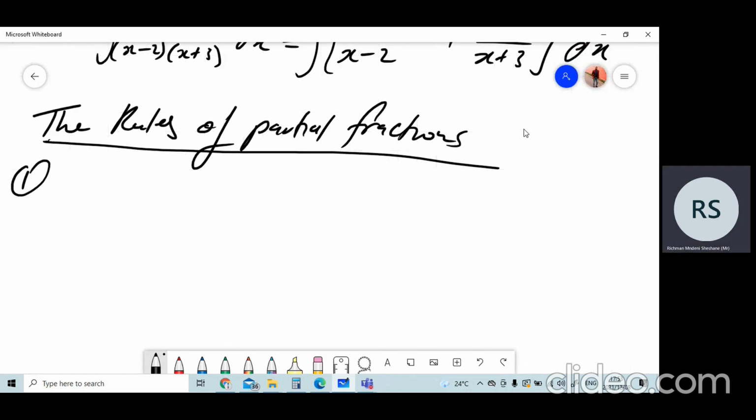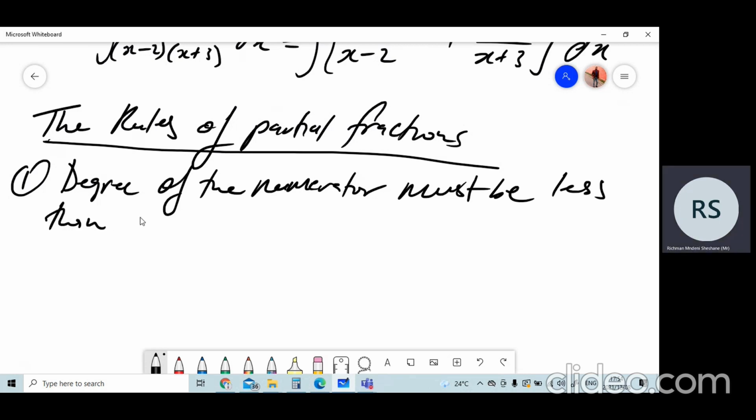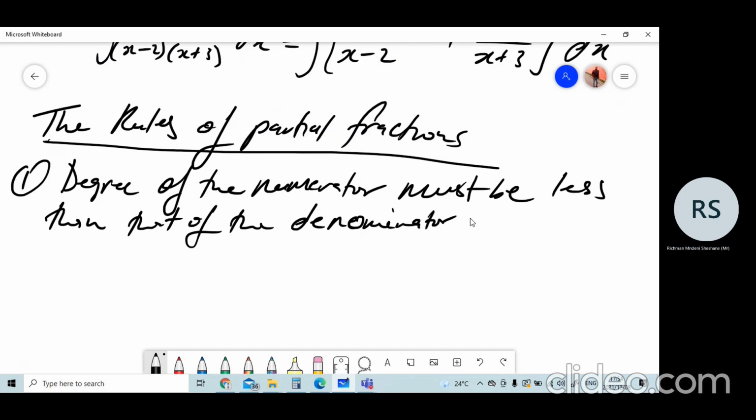The first rule says the degree of the numerator must be less than that of the denominator.